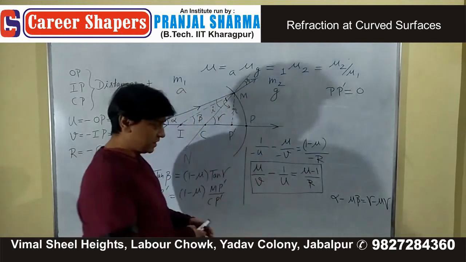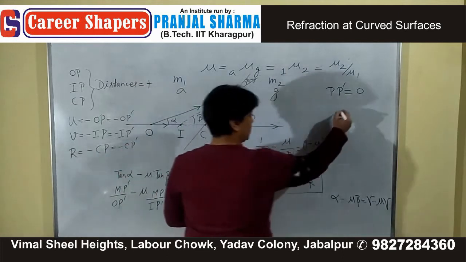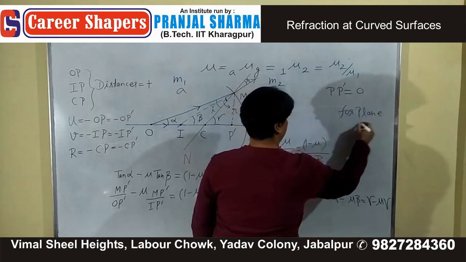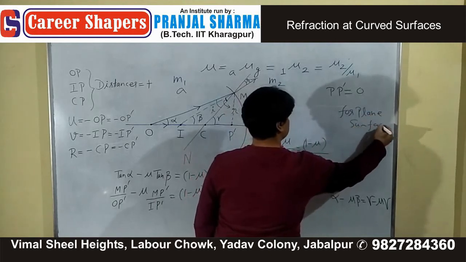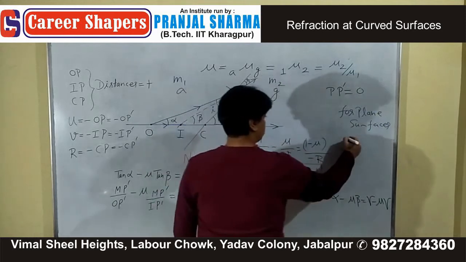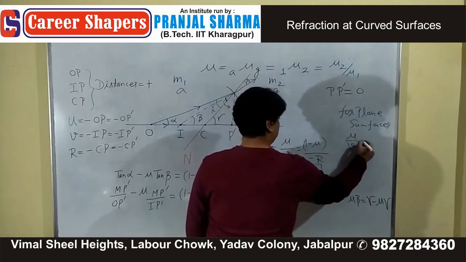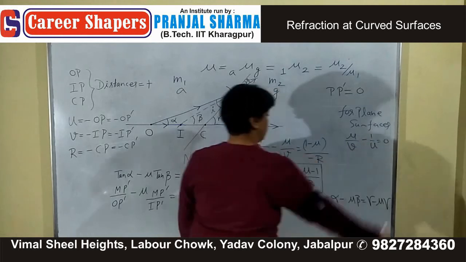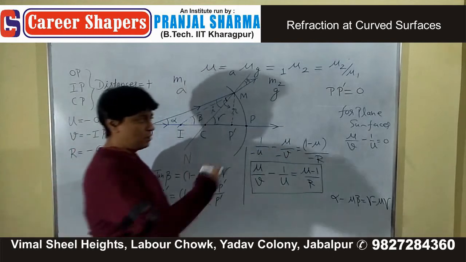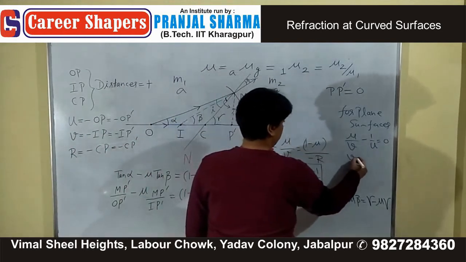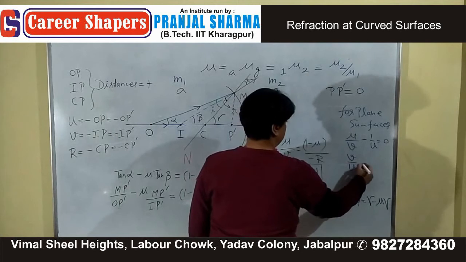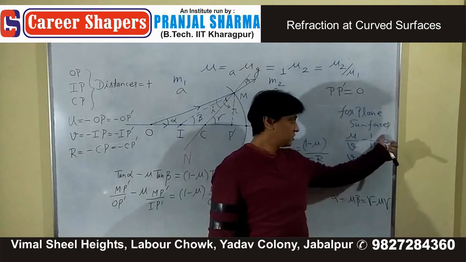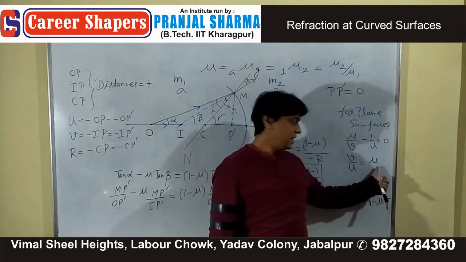And therefore for plane surfaces this will become mu upon V minus 1 upon U equals to 0. Now what is this? This is V upon U equals to mu.